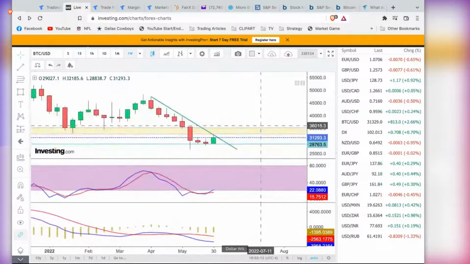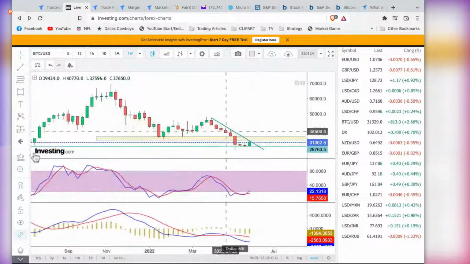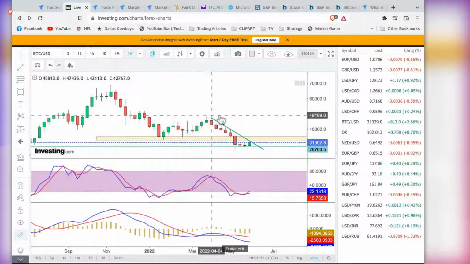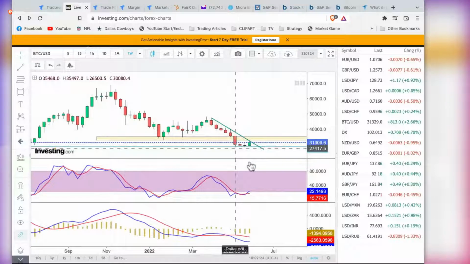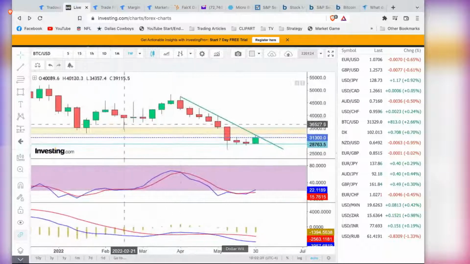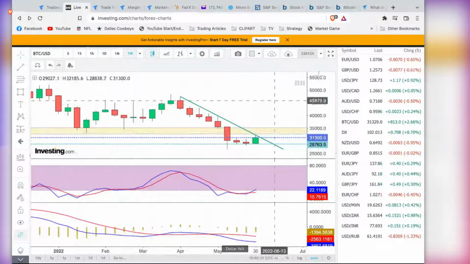So we had a very important low here after the A move. Then we had the B wave, and then we broke lower on this big candle, and we traded back up almost to the area of the low. We didn't quite make it.